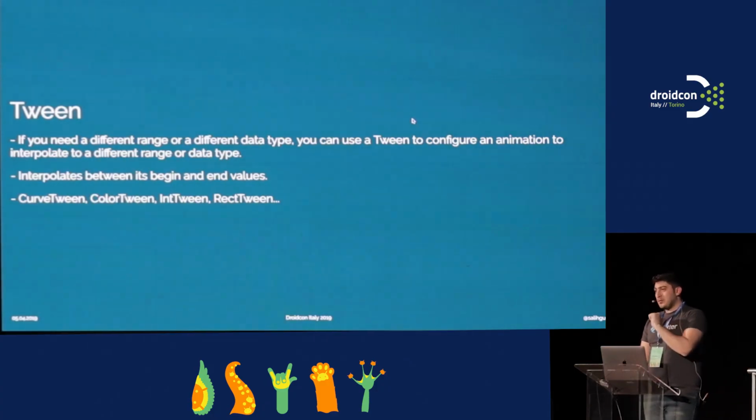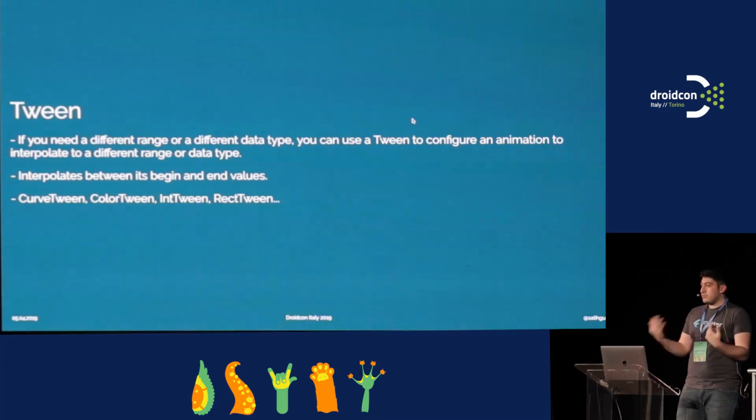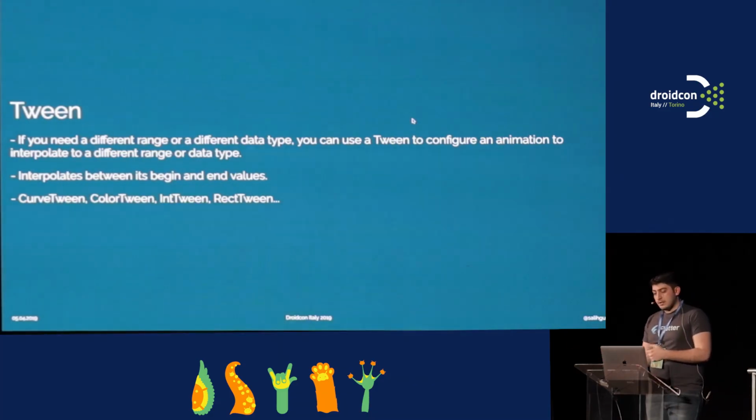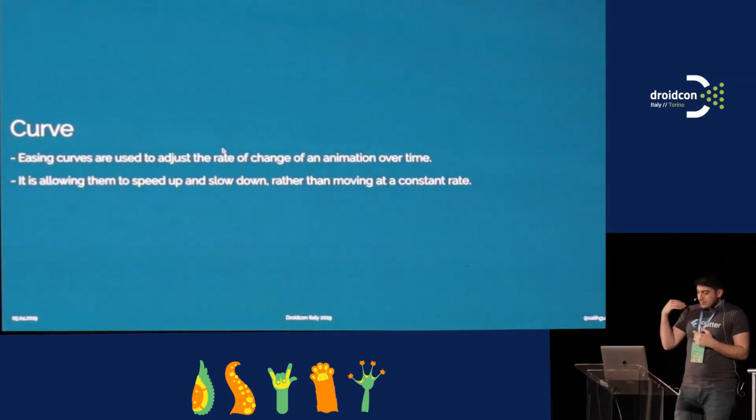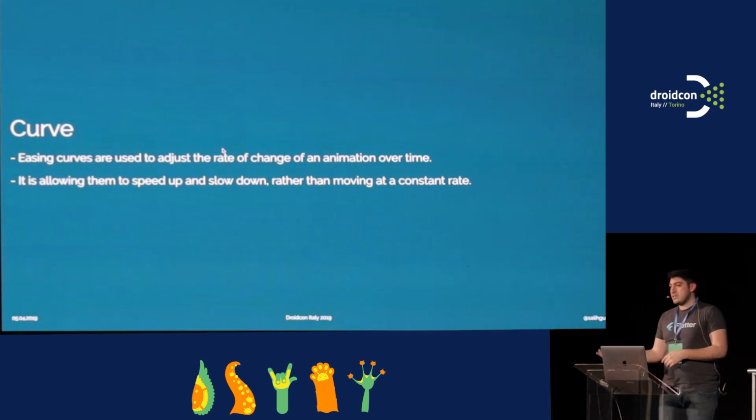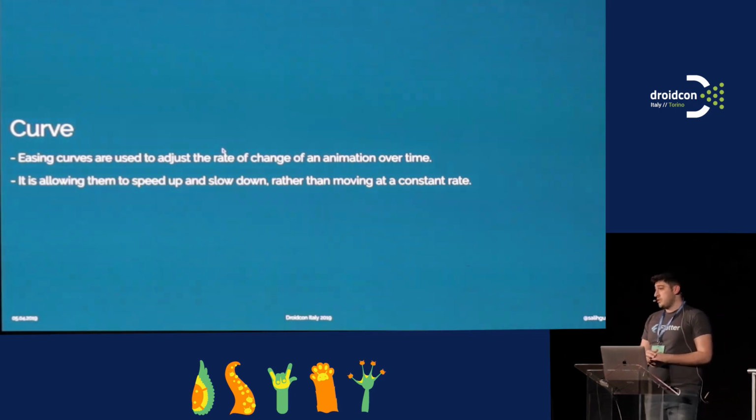But again, one thing that we are missing is we have always done linear interpolations so far, right? And to be honest, most of the time linear interpolations are ugly. So how do we do different kinds of curves? As I say now, we have curves here. Curves are your helpers to adjust the rate of change in your animations.